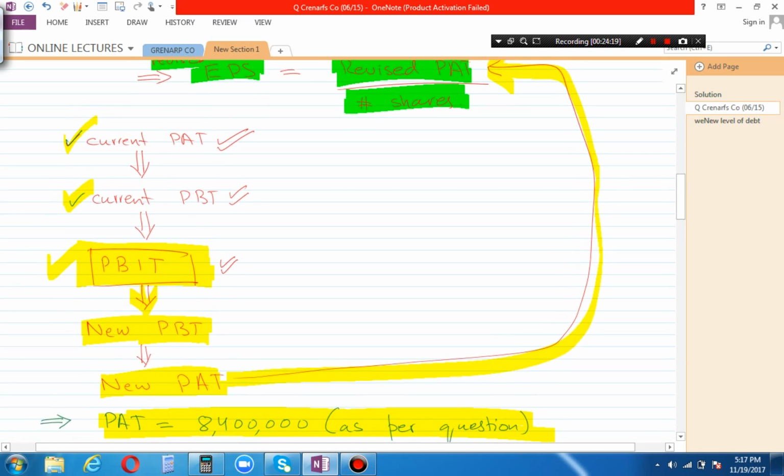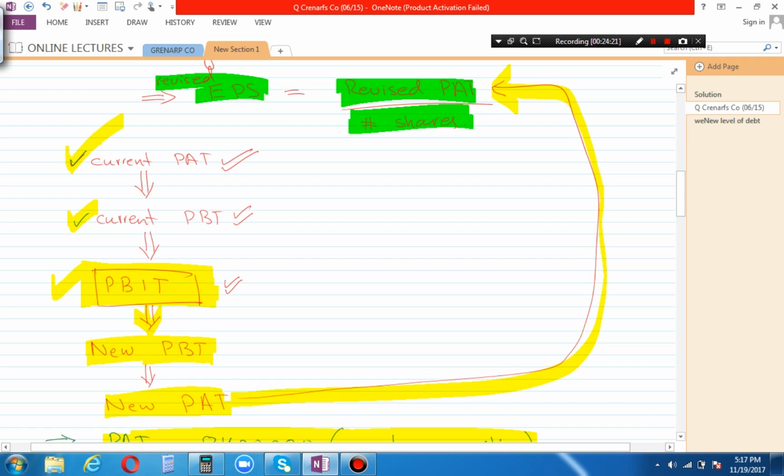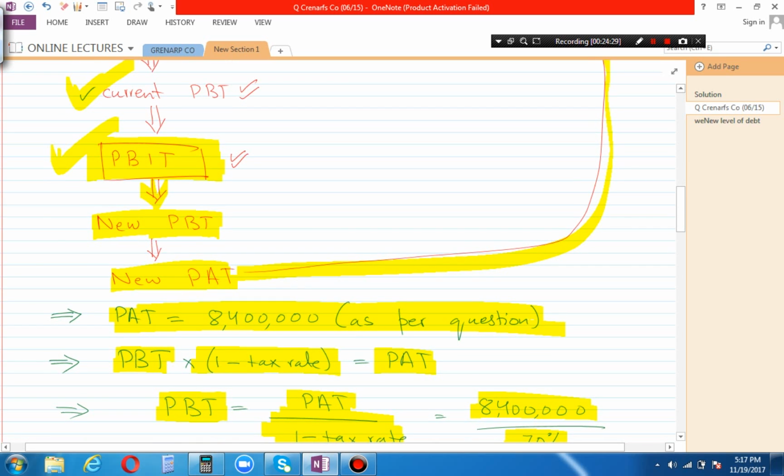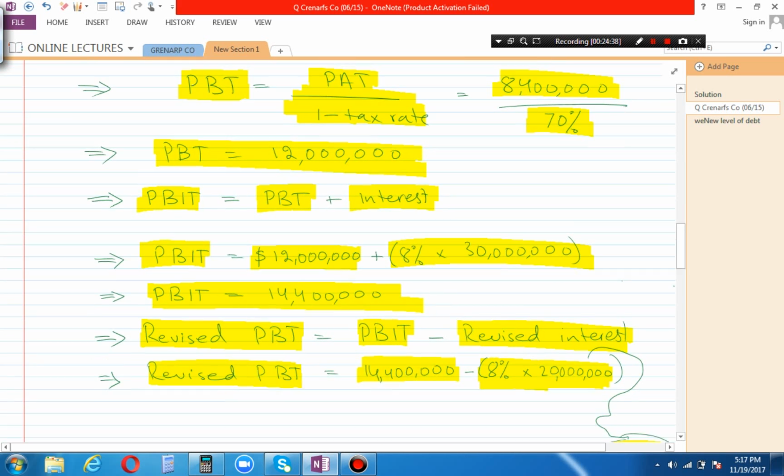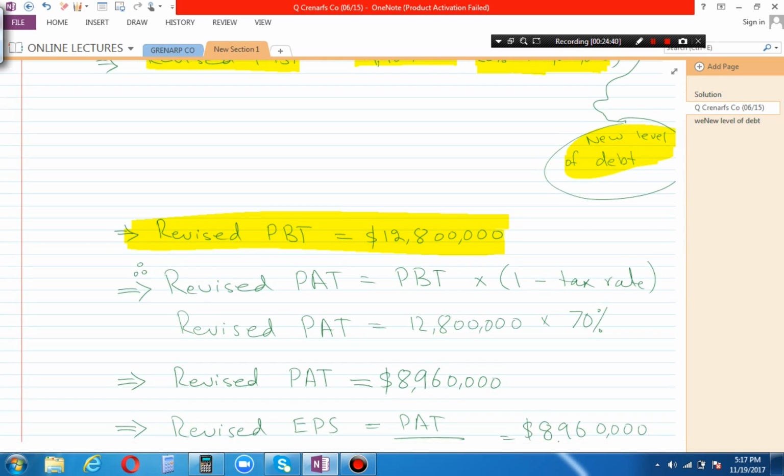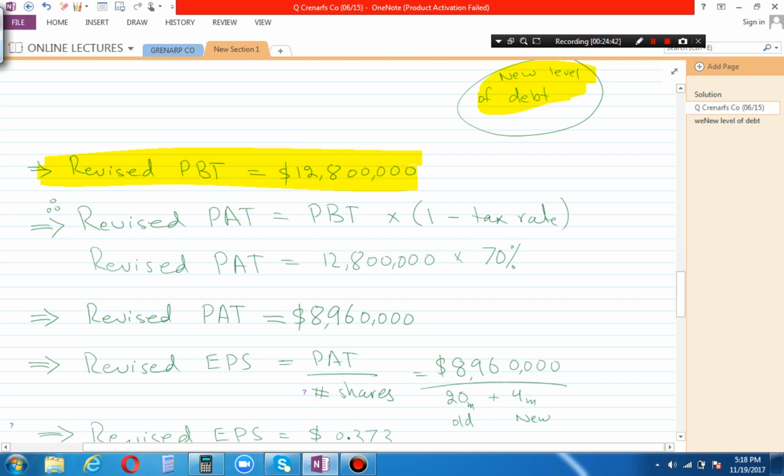So let's go back on what we were doing above. What is the plan? Basically, we started from current profit after tax, then we did current profit before tax, then we did profit before interest and tax, and now we have calculated the revised profit before tax, and after this we will calculate new profit after tax. So this revised profit will be converted into profit after tax.